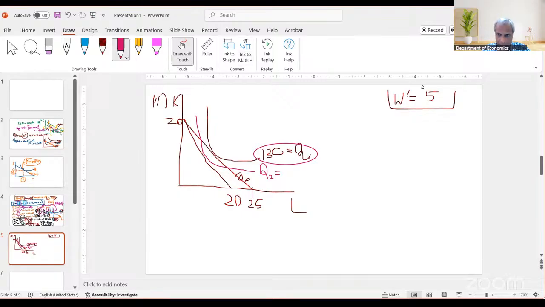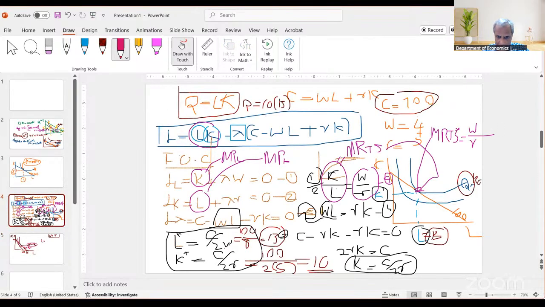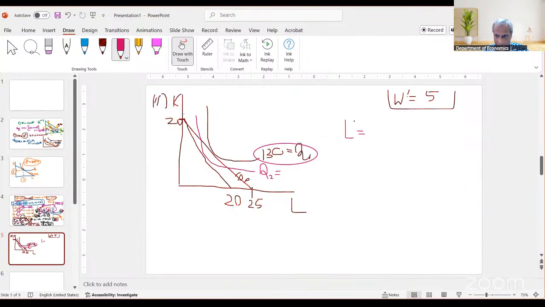Exactly, we don't know right now. For that you can find it because you know the labor demand you got previously, here we already found C divided by 2W.